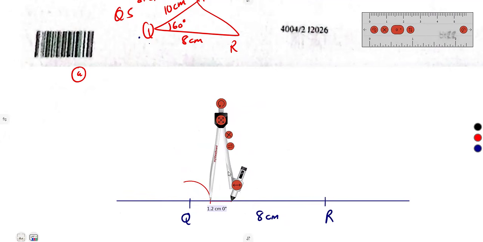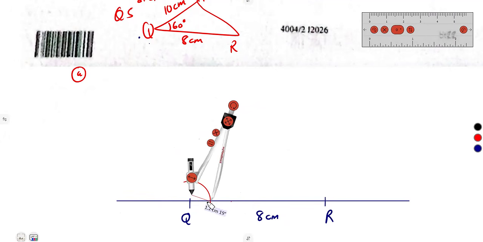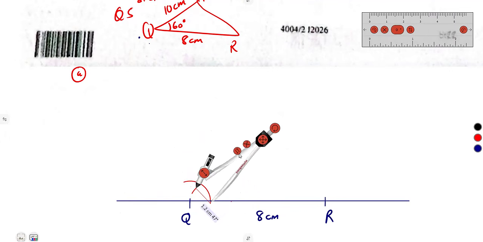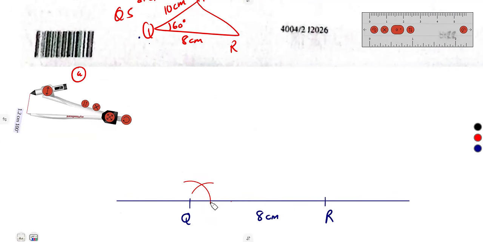That is where you're going to place the needle point, between the arc and the line. Then you construct another arc to meet the first arc that you constructed.